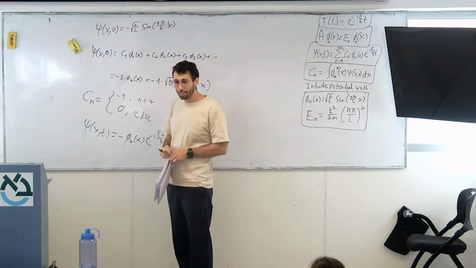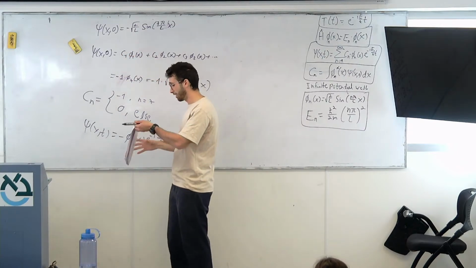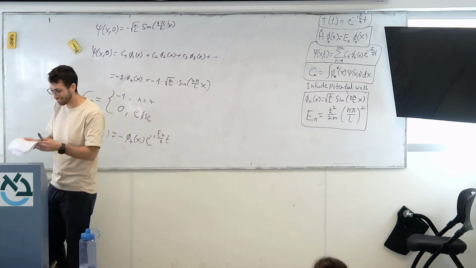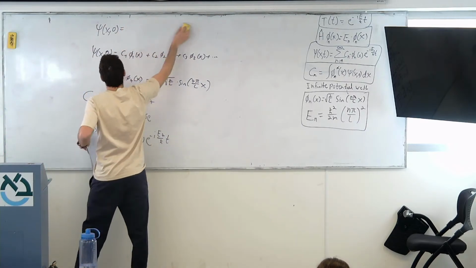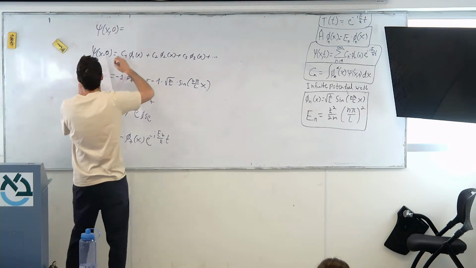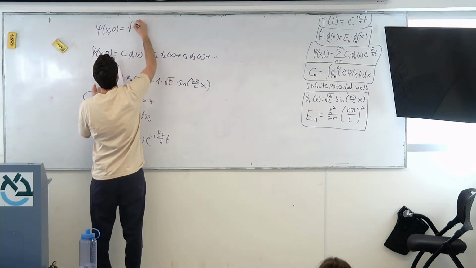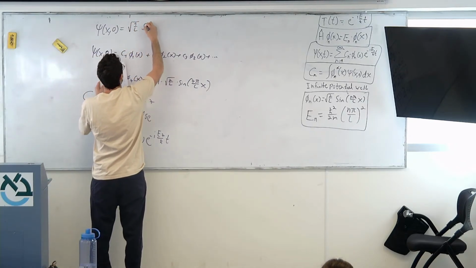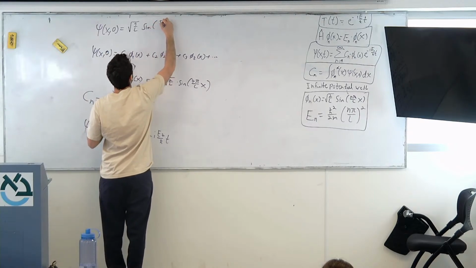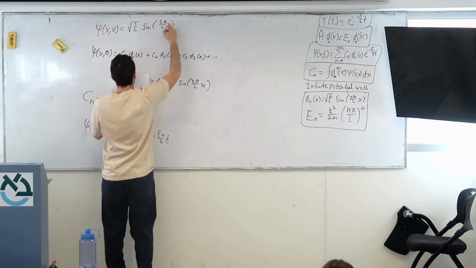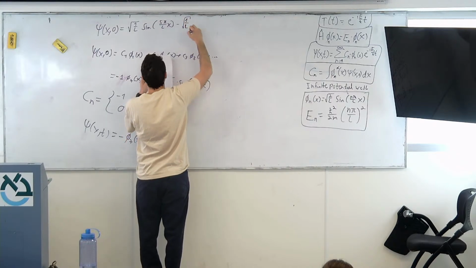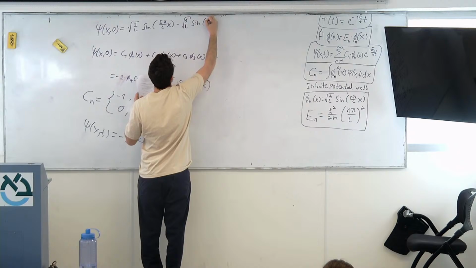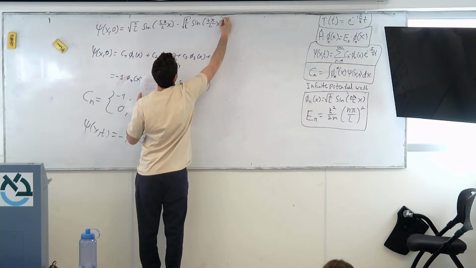Yes, but what I can know is if I have a superposition. This is a great question, let's move to the next example. Let's say I have, not minus square root of 2 over L, let's say I have square root of 1 over L times sine of 5 pi over L x minus square root of 1 over L sine of 7 pi over L x.